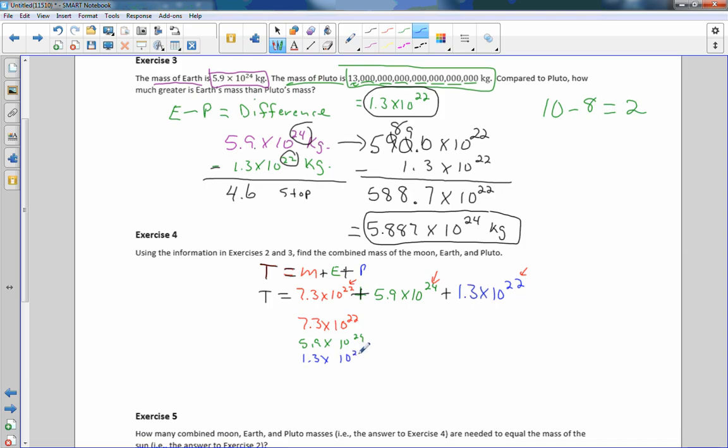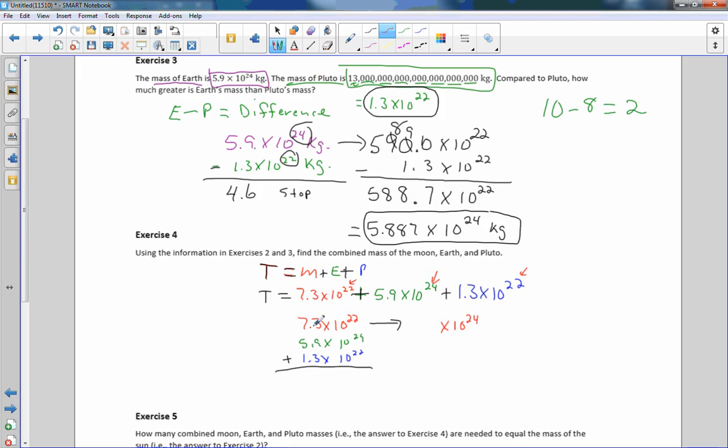And 1.3 times 10 to the 22. I'm going to add these up, but I'm not going to do it here because these are not equal. So I'm going to convert these. And this time I'll go up and make this 24. And I'll show you the difference between the two. If I'm going to make this times 10 to the 24, I have to move the decimal 2 places away from where I'm ending up.